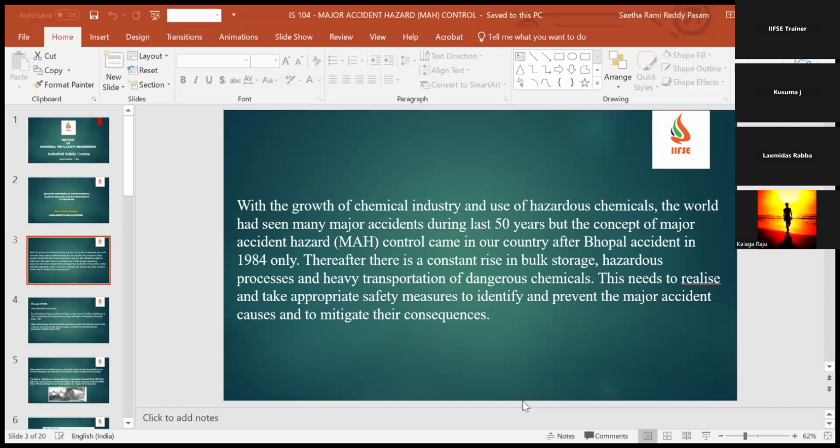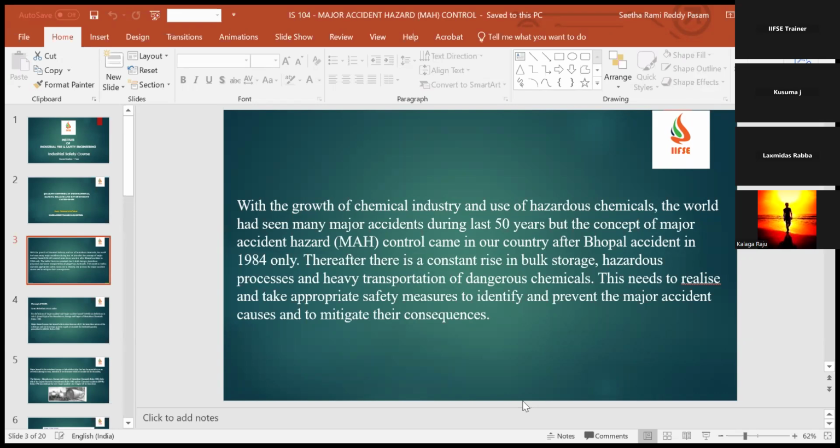So, MAH, major accident hazard control, or major accident hazard. With the growth of the chemical industry and the use of hazardous chemicals, the world has seen many major accidents during the last 50 years.